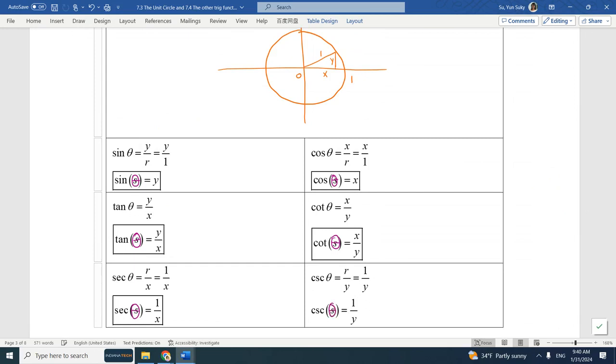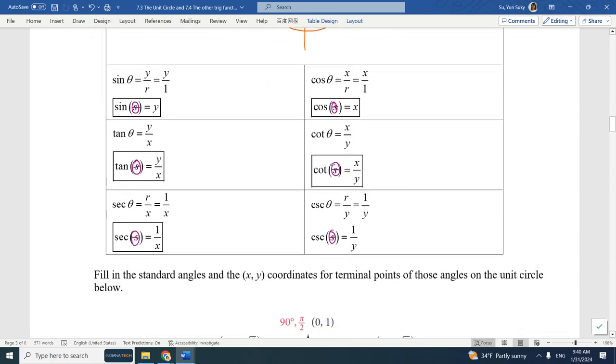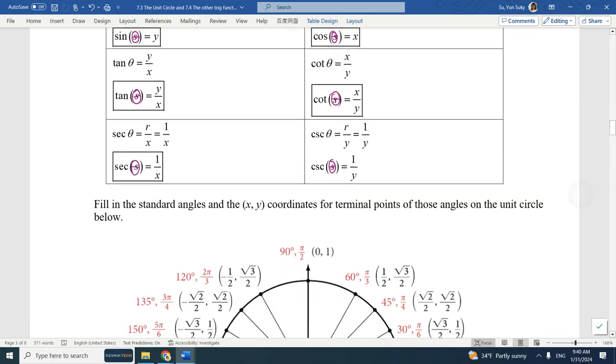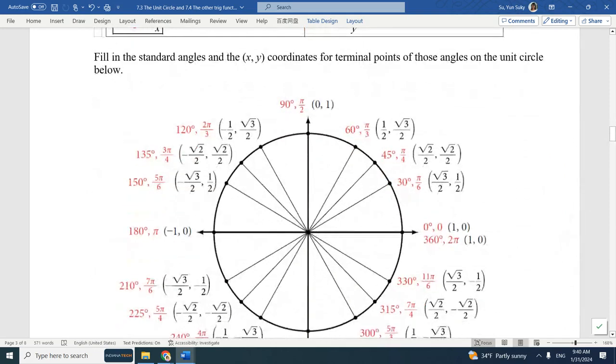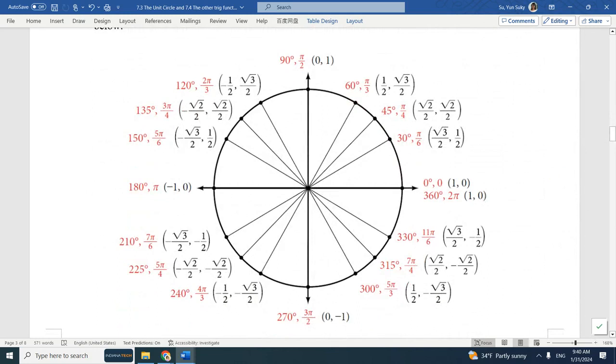Cosecant theta is now 1 over sine theta, which is 1 over y. So this is the unit circle. And now the unit circle is very important.